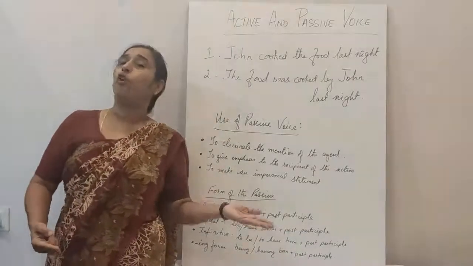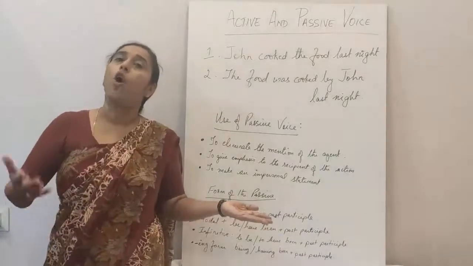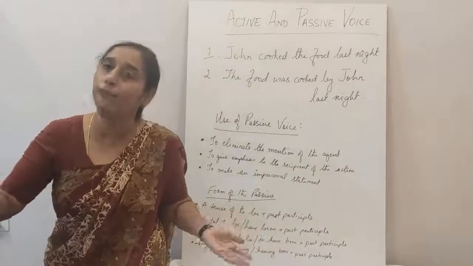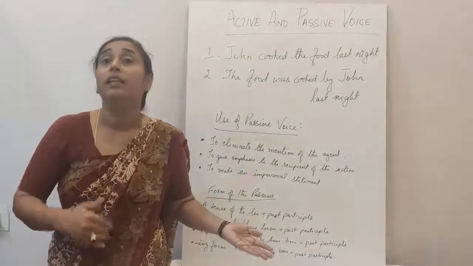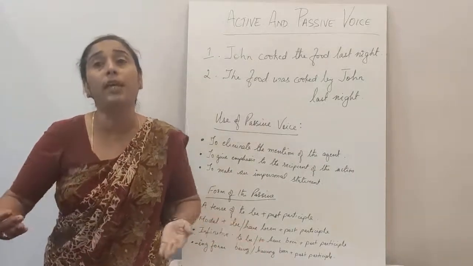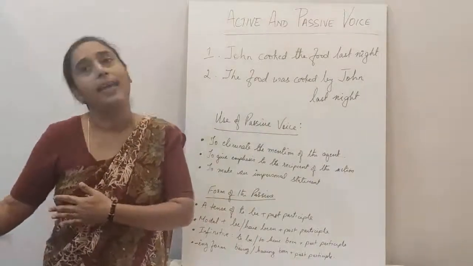In active voice, example, we say he is or was to cook the food. In passive voice, we say the food is to be or was to have been cooked by him.